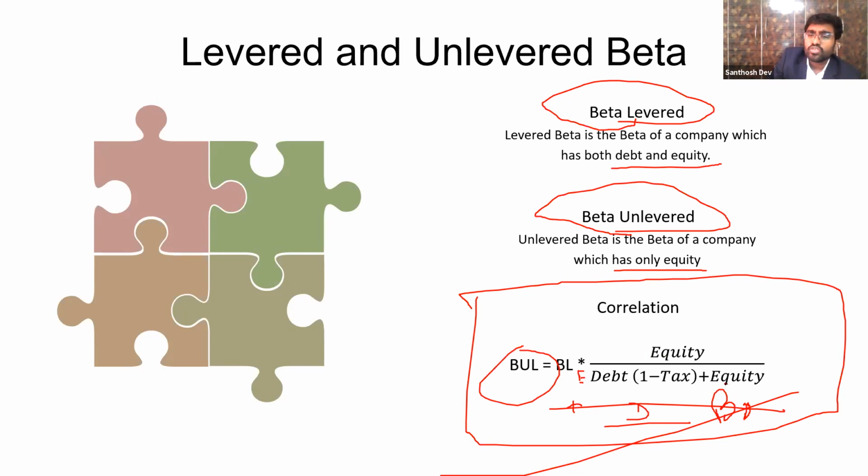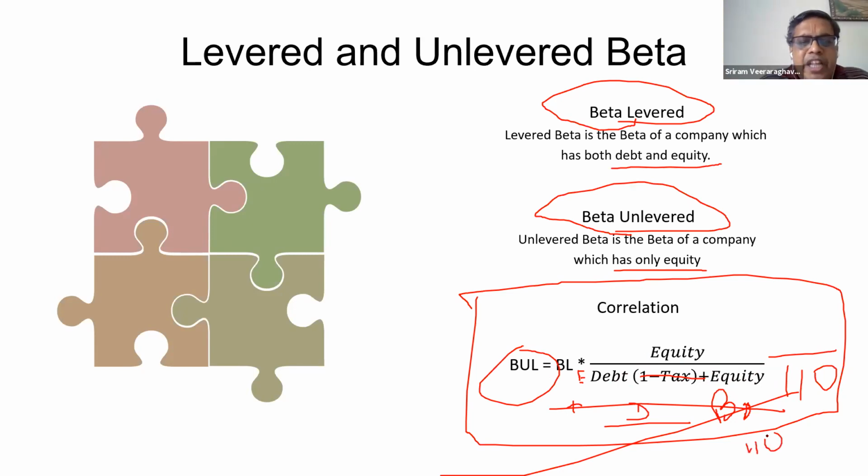Let us take out tax for the consideration. Debt plus equity will become 110, and equity will be negative. Let's say equity is minus 50, debt is 160. So you will have minus 50 by 110.